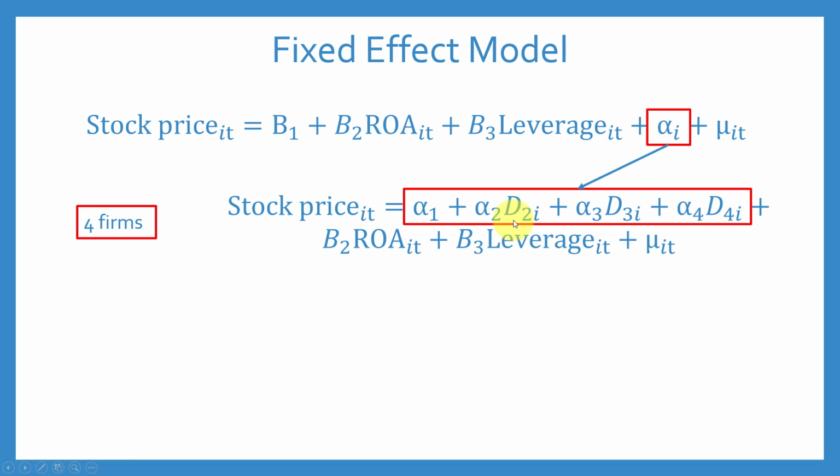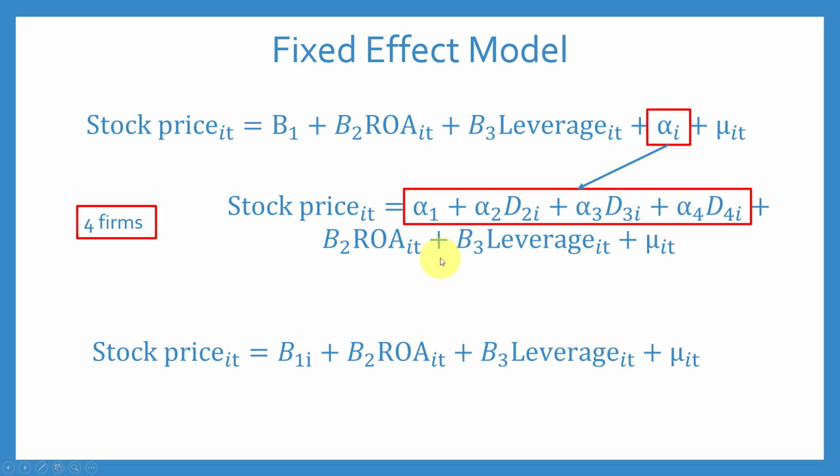So let's just say if we have 4 firms, then we would create 3 dummy variables, because we know that the omitted category would go into our alpha or beta naught. So we have taken explicitly these dummy variables for each firm, and hence that alpha i has been excluded from the error term, from the composite error term.